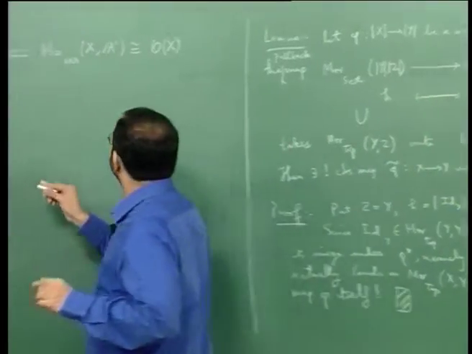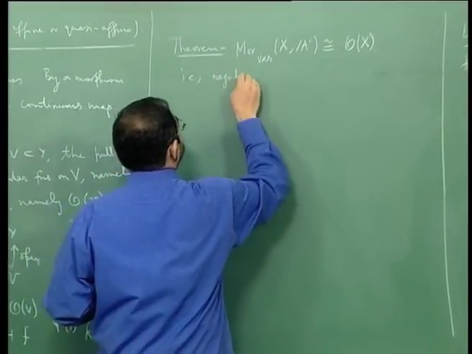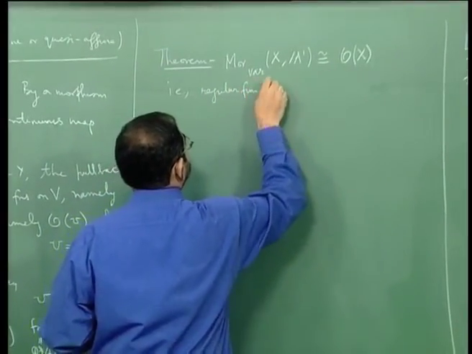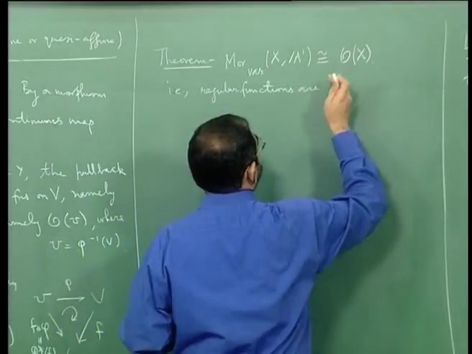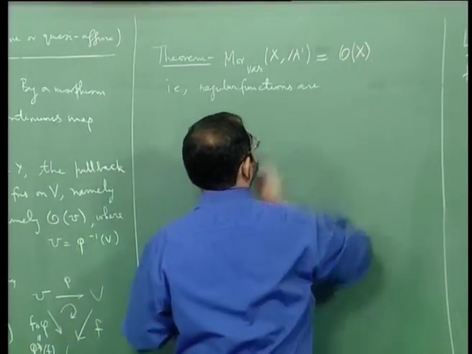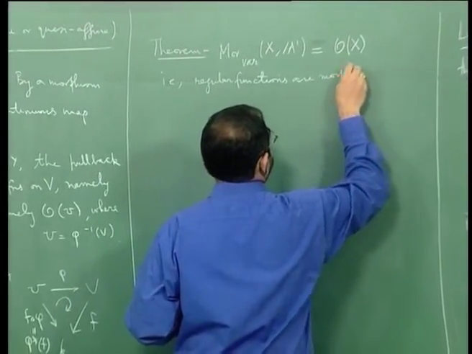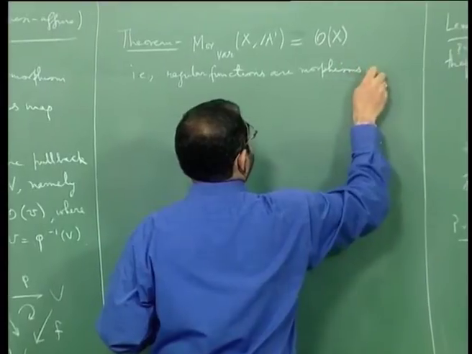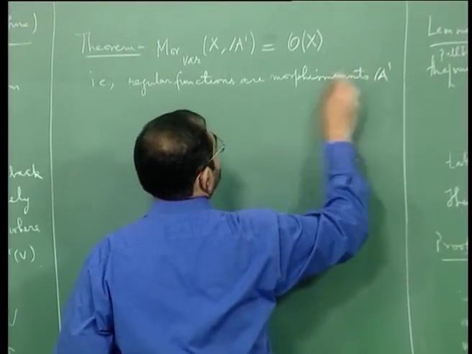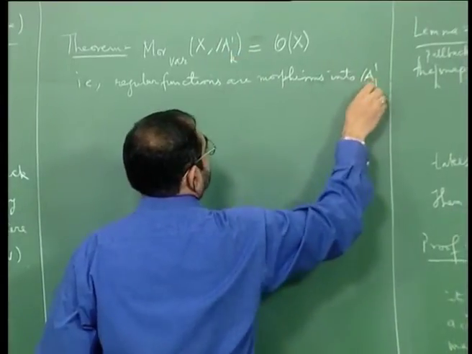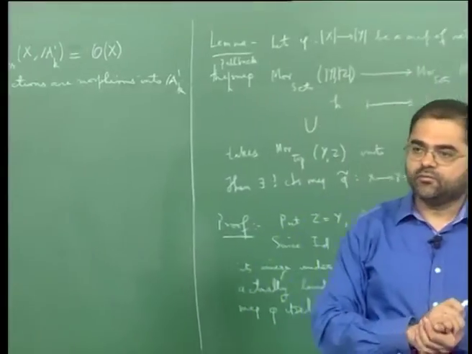Okay, so let me write that. That is, regular functions are, in fact I should not even put isomorphic, I should put equal to, morphisms into A1, so of course it is A1_K, where K is the fixed algebraically closed field over which we are working.